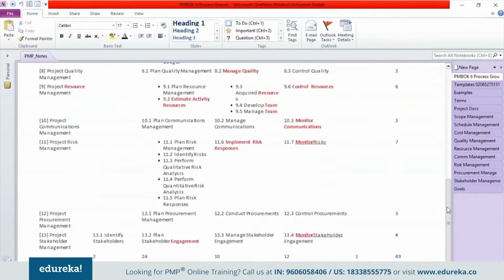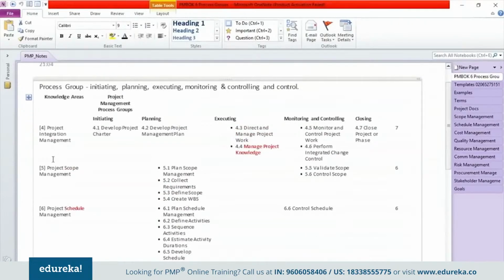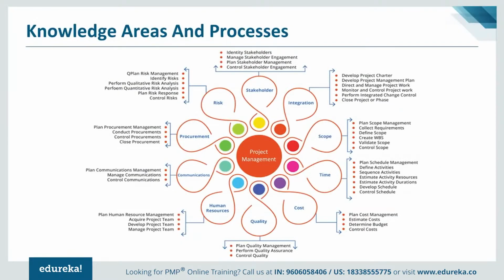This is where all of the process groups and the processes come into the picture. So there are a total of 49 of them, as I mentioned, and there are 10 knowledge areas, and these are the process groups. And you'll find that across each of these process groups and knowledge areas, there are various processes which cut across multiple knowledge areas.